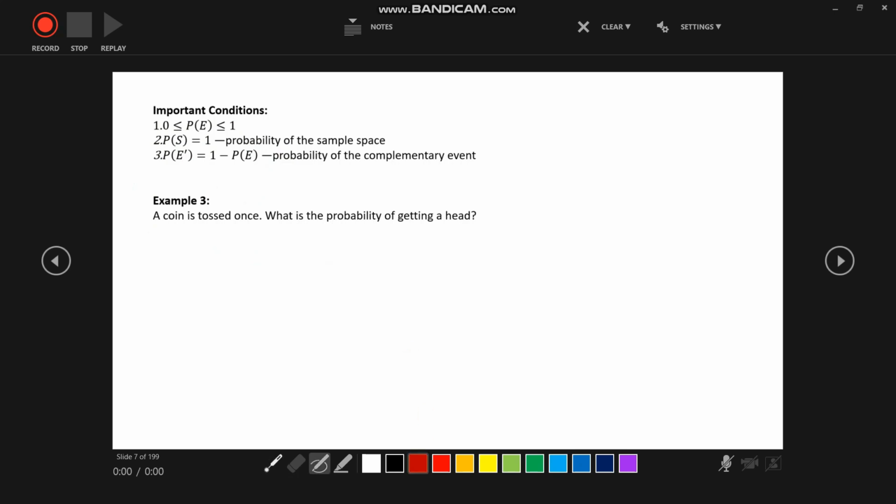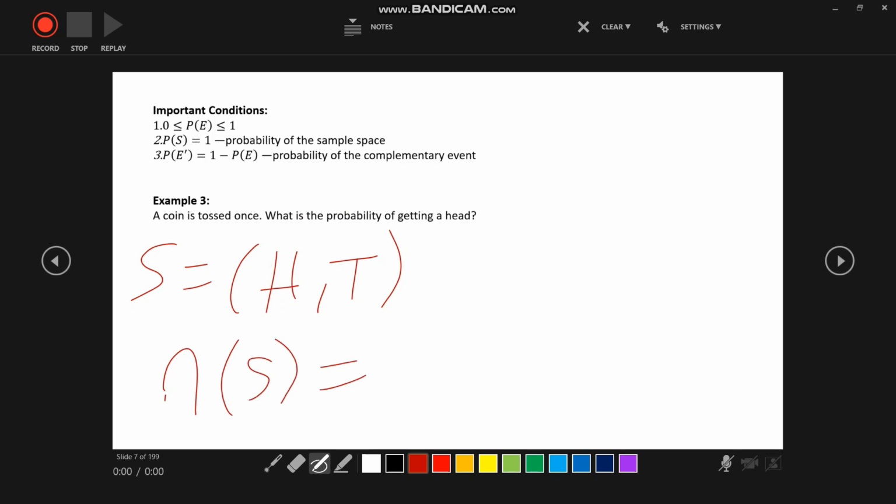If you toss a coin once, then our sample space will be head or tail. So the total number of possible outcomes is 2. We only have 2 outcomes here. So our n of S is equal to 2.